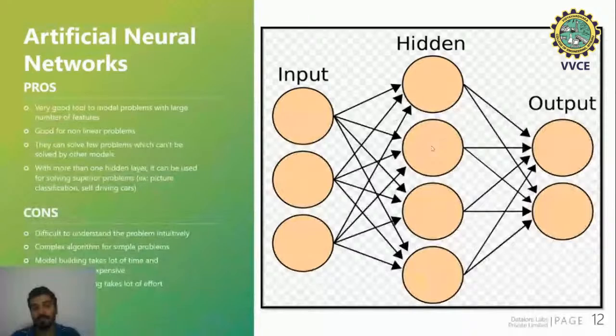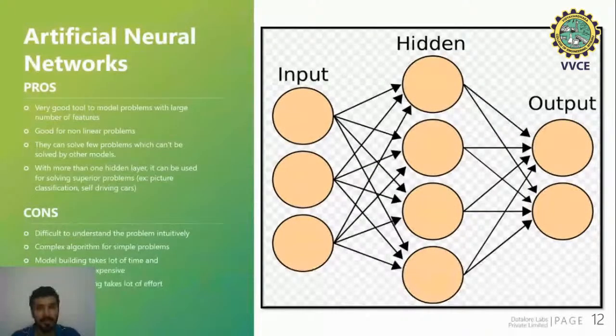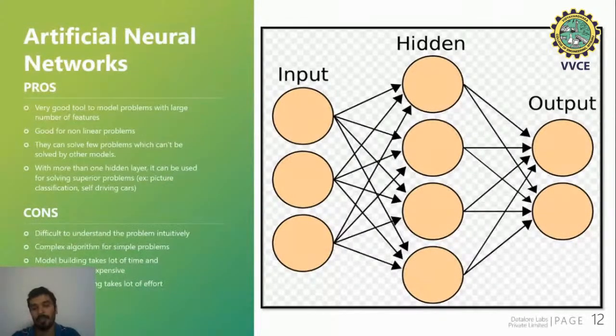Second thing is, neural networks are extremely complex algorithms. So if your problem is simple, don't go for artificial neural networks. Artificial neural networks should always be your second option, which means if you can solve your problem using simpler algorithms like SVM, logistic regression, random forest or any other algorithm, go for that.